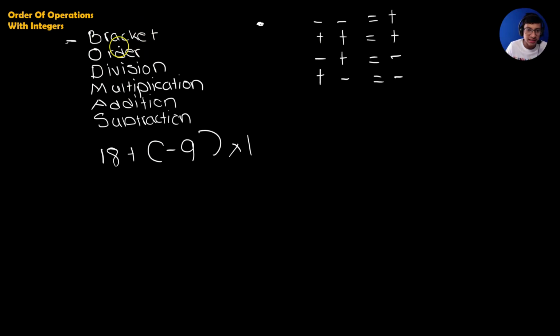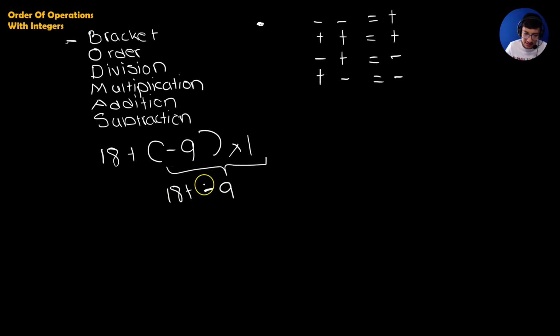So we see 18 plus -9 times 1. We check our list: bracket, order, division. No, but there is multiplication. So we do -9 times 1. A negative and a positive equals a negative, and 9 times 1 is 9. Then we drop down the 18 plus.